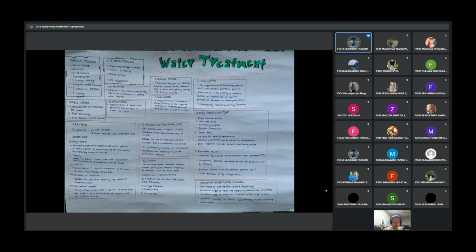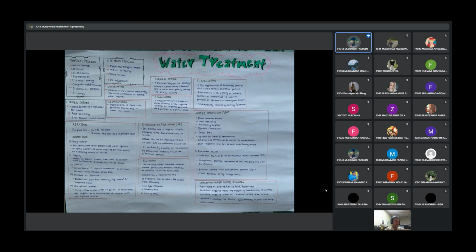First subtopic is water treatment, and we have a physical process. In the physical process, we have water intake, aeration, chlorination, sedimentation, chemical mixing, coagulation and flocculation, dissolved air flotation, and filtration.